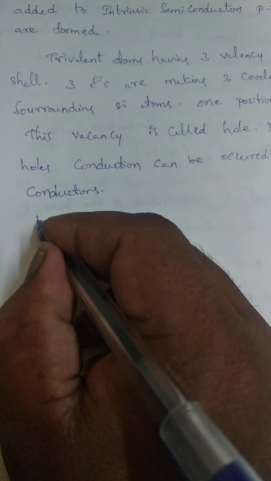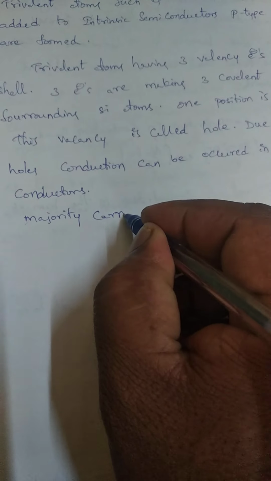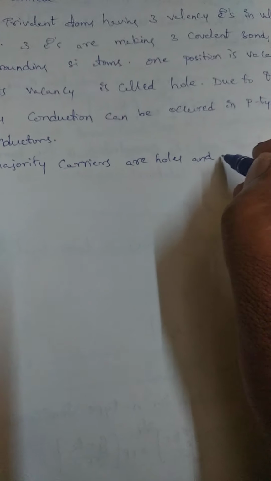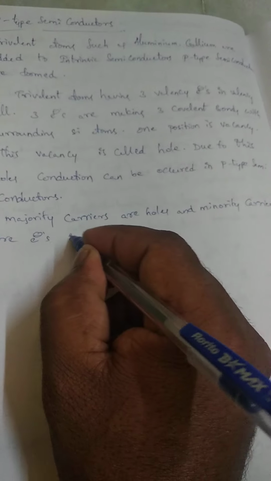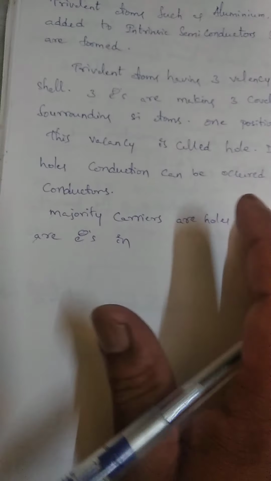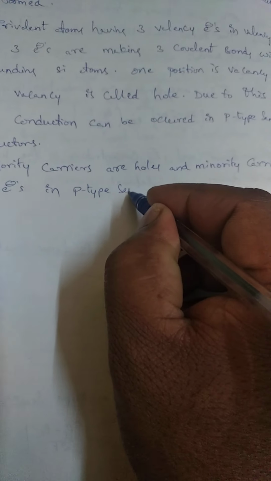So, majority carriers are holes and minority carriers are electrons in p-type semiconductors.